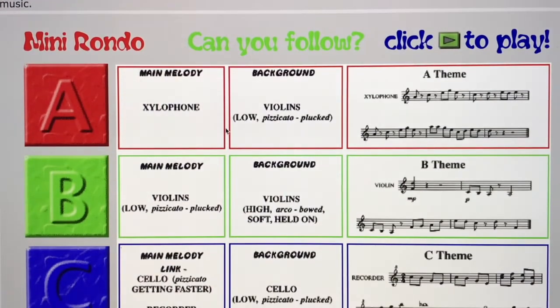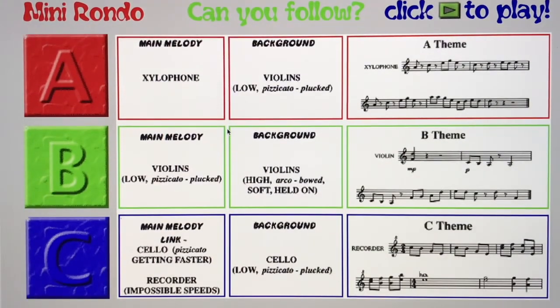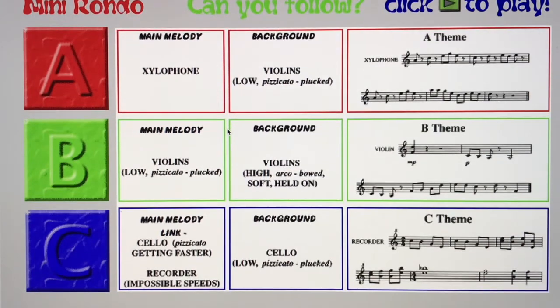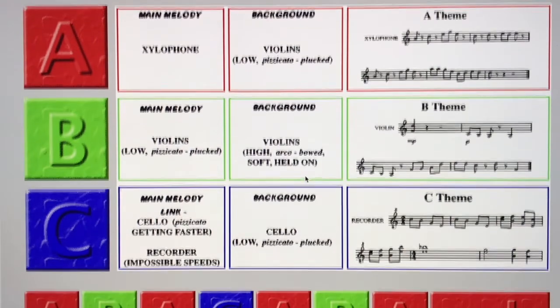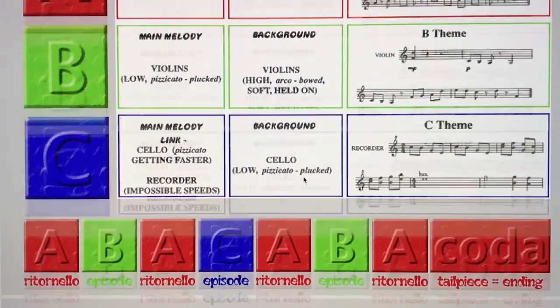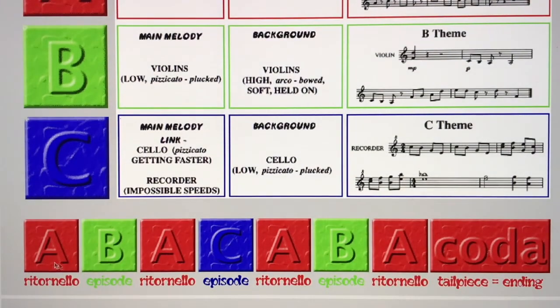So what I've got here are the three sections. We can see we've got some descriptions to find out what's going on in each section. And then down below, this is the overall plan. So the A section, the bit that returns, has got another special Italian name.